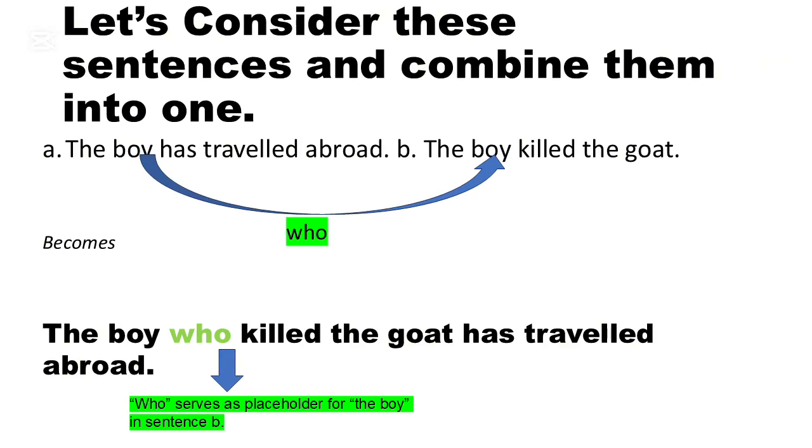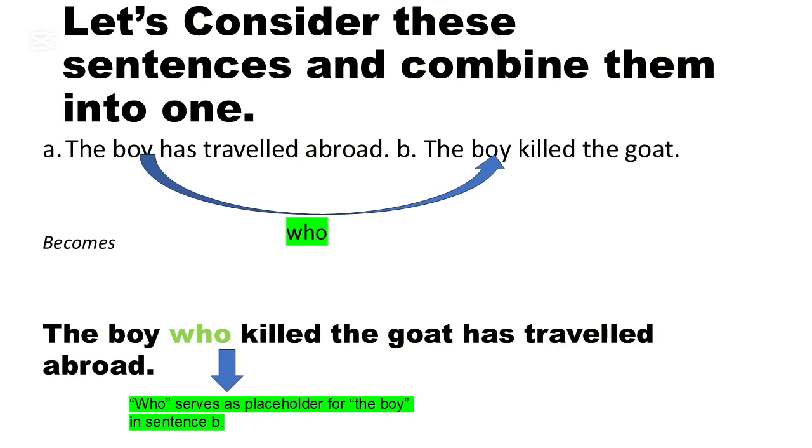And so sentence B automatically becomes a dependent clause, and sentence A becomes an independent clause. When you have a dependent and an independent clause, the dependent has to be attached to the independent before a complete meaning can be realized.